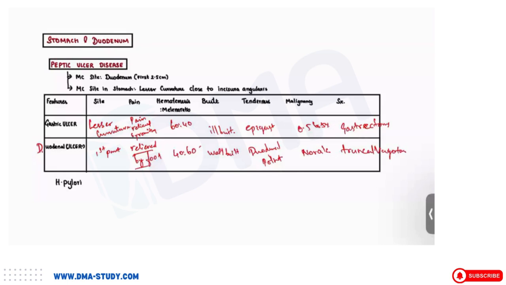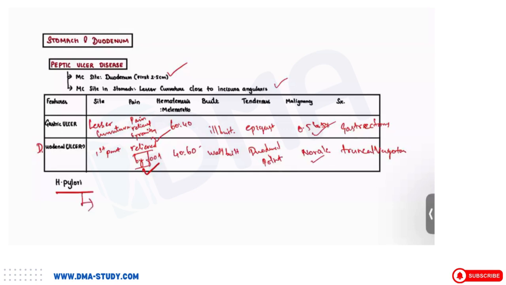So speaking about peptic ulcer disease, most common site is duodenum. Most common site in stomach is lesser curvature. Pain relieved by vomiting is gastric. Pain relieved by food is duodenal. Gastric has a malignancy risk while duodenal does not, and most of them are H. pylori associated.